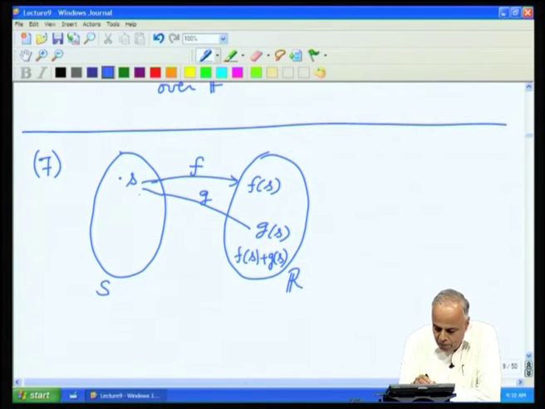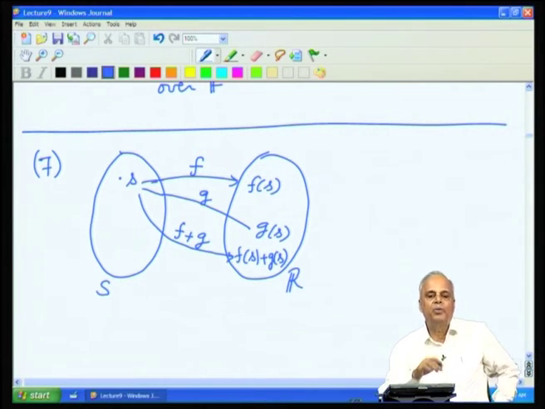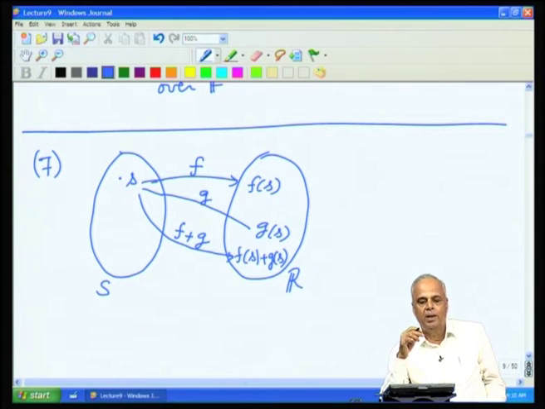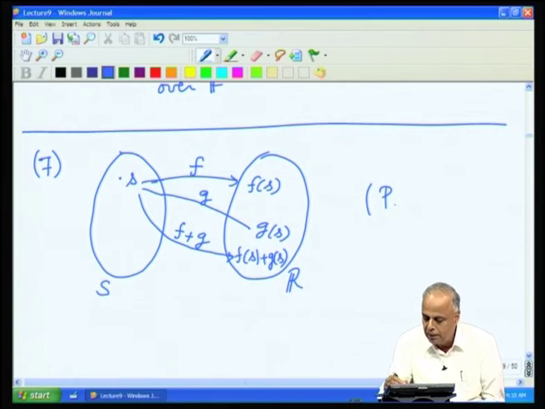Now, we can think of a new function which associates with s the value f(s) plus g(s). We call that the function f plus g. So, if we have two functions from S to R, we have this sum function, and since we are adding the value at each point to get the new function, we call this addition of functions pointwise addition.